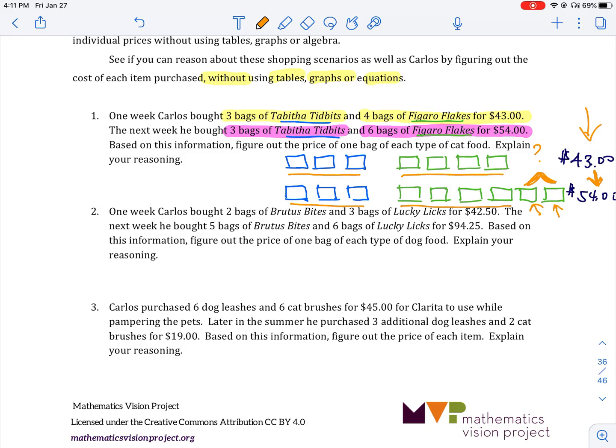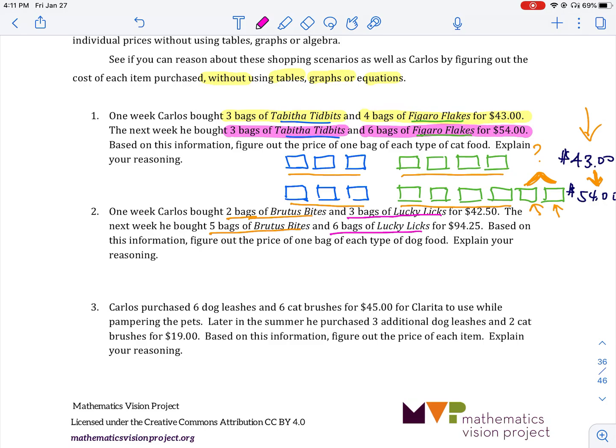For number 2, it's a little bit trickier. All I'm going to say is pay attention to the numbers they give you. They give you 2 bags of Brutus Bites and 5 bags of Brutus Bites. But for the other information, they only give you 3 bags of Lucky Licks versus 6 bags of Lucky Licks.